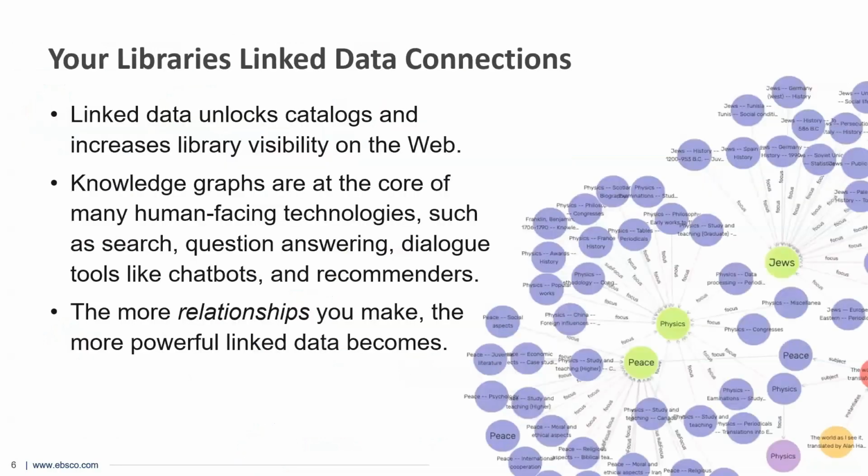So what does that look like in the world of library data? Because we know that every item has a cataloged record, and there's a 100 field, and there's a subject heading. Well, there might be multiple subject headings, and all sorts of bits of information about a single item record. Well, how do I build those connections with other items, not only in my catalog, but perhaps even with other library catalogs?